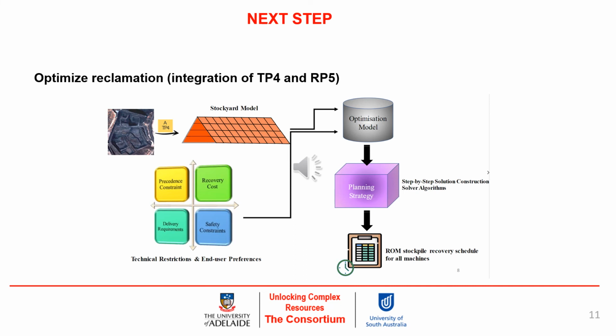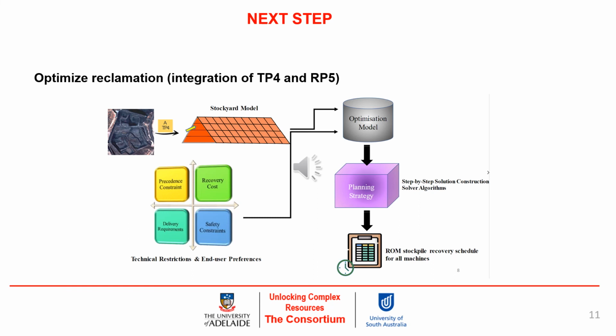The optimization system contains the following inputs: the quality and quantity information for every voxel. Although there is only one voxelated stockpile showing in the image, we can voxelate multiple stockpiles. Operational constraints, including the precedence and safety. The precedence constraint indicates the order of the reclamation.